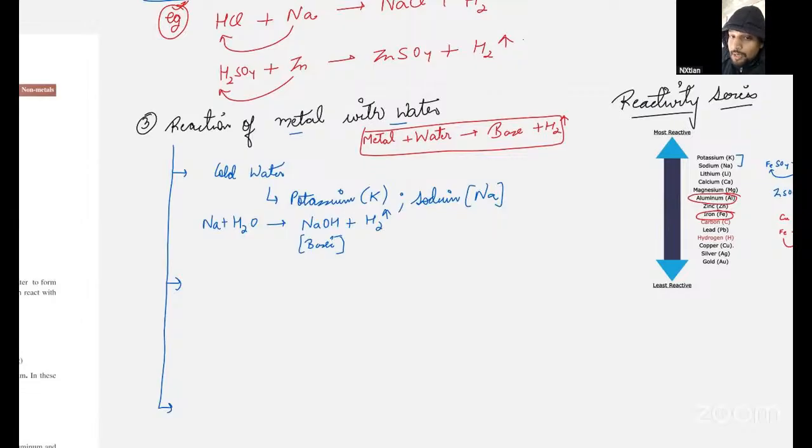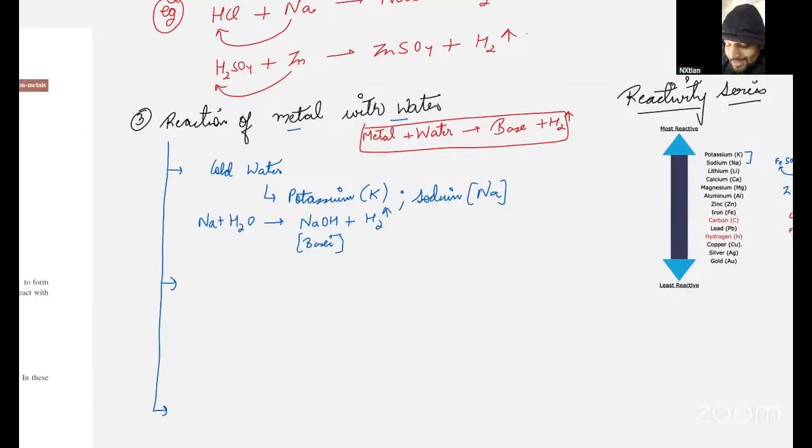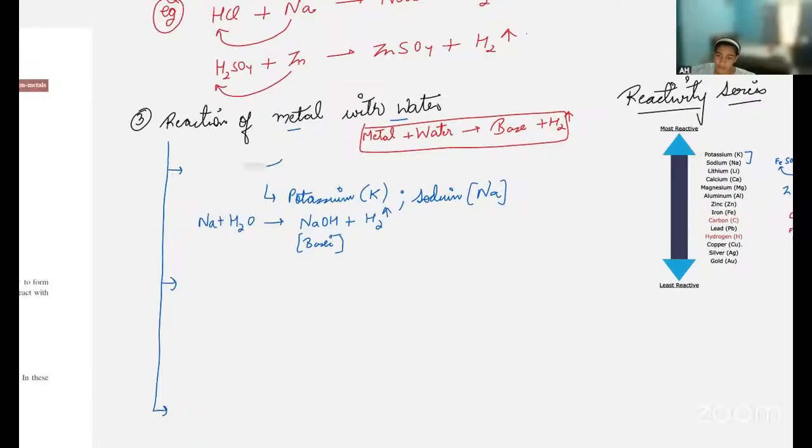No, they will not react, because they are less reactive. Only the top ones, potassium and sodium, can react with cold water.